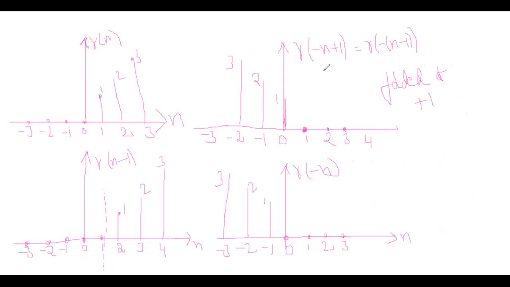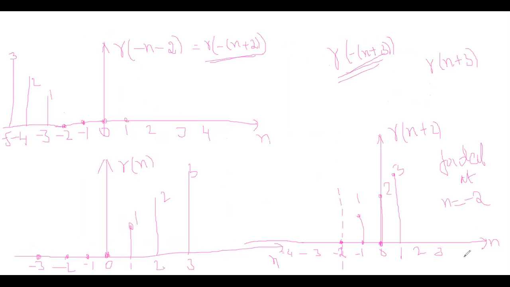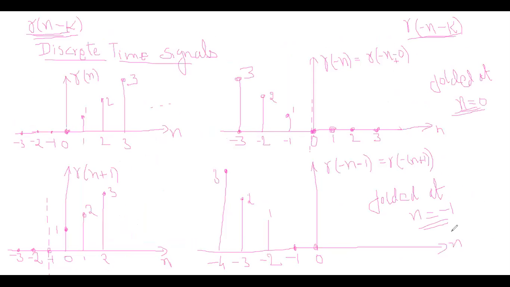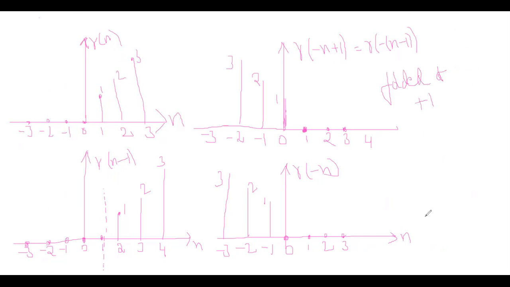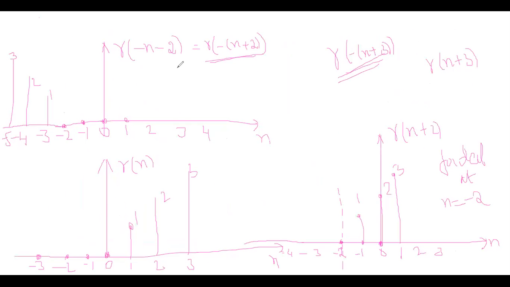Suppose R of minus n minus 2, minus n minus 2. You see, R of minus n minus 2.